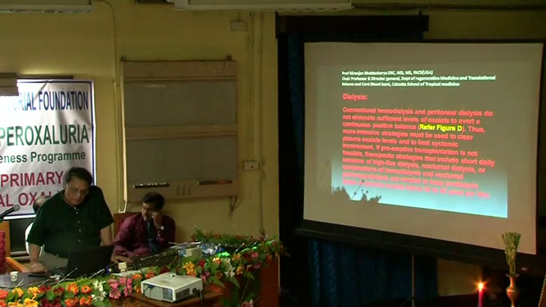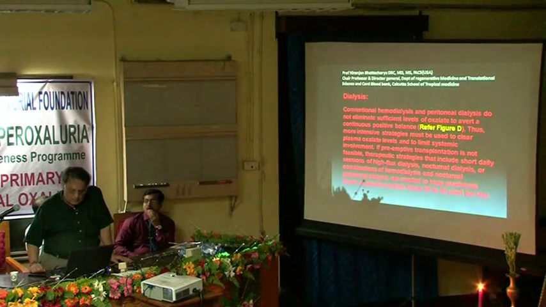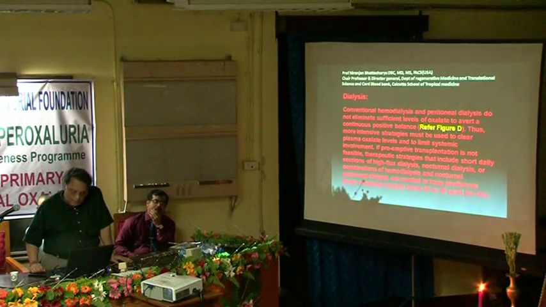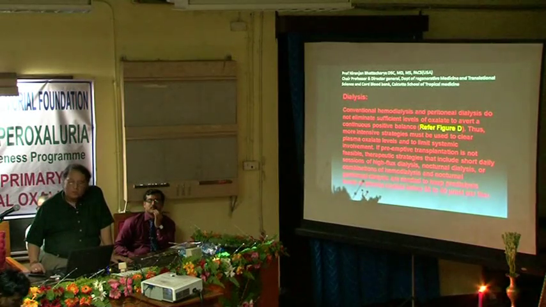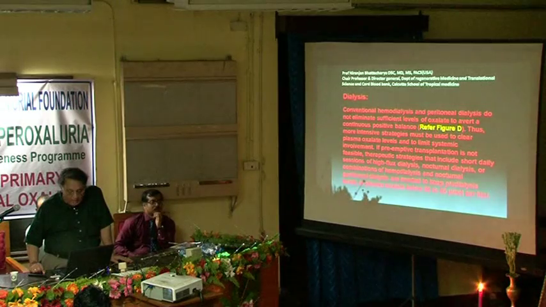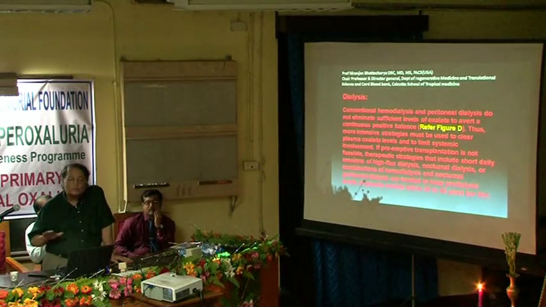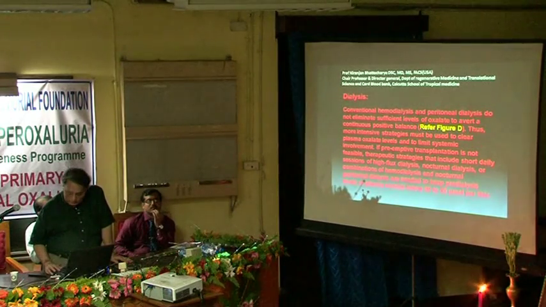Therapeutic strategies include short daily sessions of high-flux dialysis, nocturnal dialysis, or a combination of both hemodialysis and nocturnal peritoneal dialysis, aiming for a pre-dialysis level of plasma oxalate below 30 to 45. 30 to 45 or below.